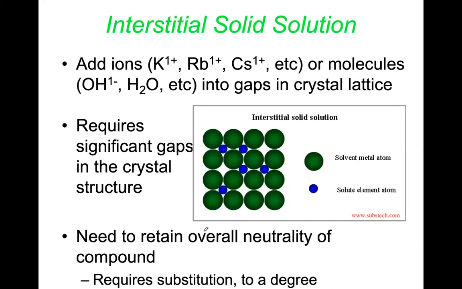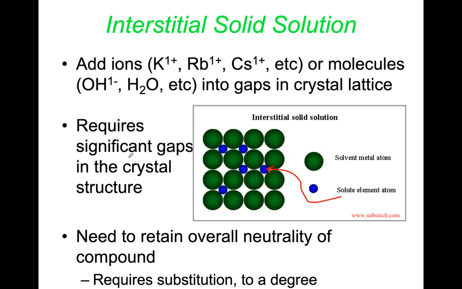So, the interstitial example, as we mentioned before, is some solute element atom which is coming into some spaces available within the structure, right? Interstitial means within the regular metal atoms.